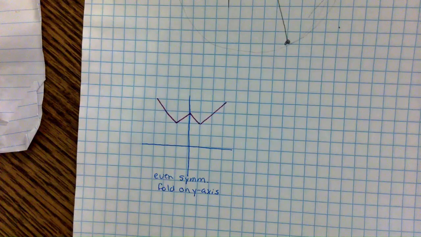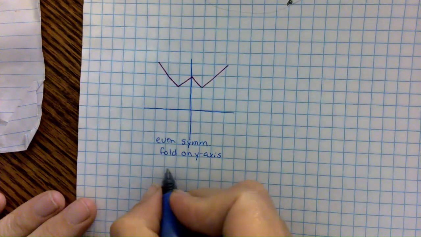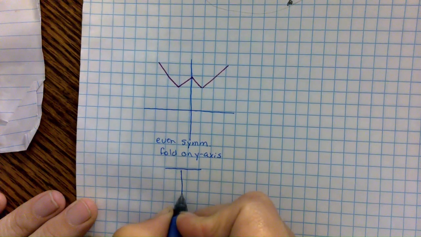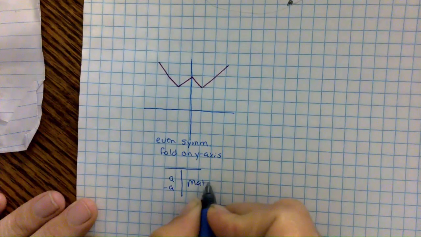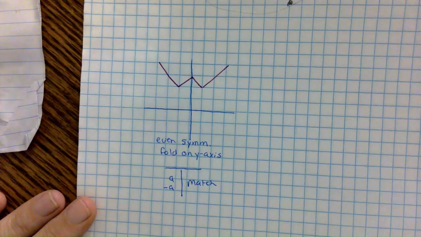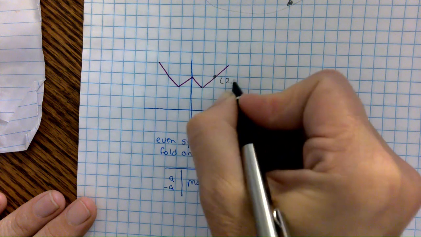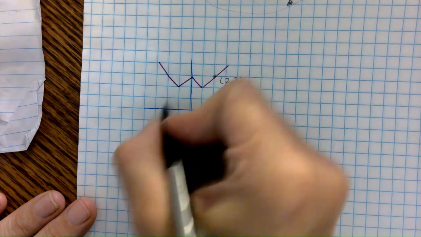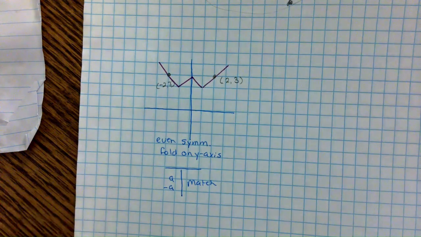Not any other axis, the y-axis. So if you check any x value and its opposite, the y should match. For example, 2 and negative 2. 2 is at positive 3. Negative 2 was also at positive 3. So it didn't matter whether I checked positive 2 or negative 2. The y's matched.